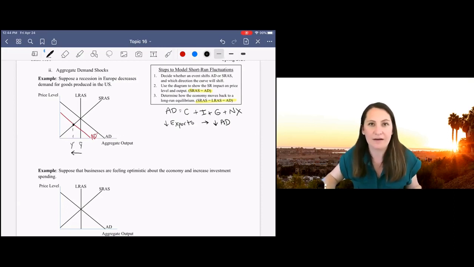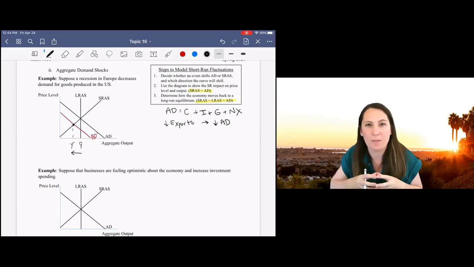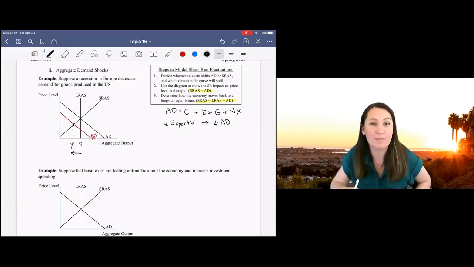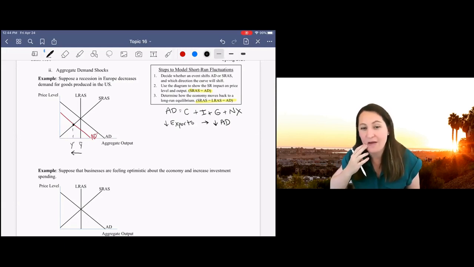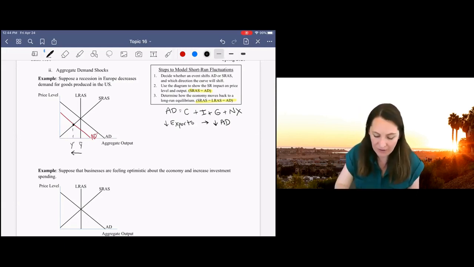What's happening here? The US still has the same productive capacity. We have the same number of workers, the same natural resources, the same capital, the same technology. We can produce just as much as we could before. However, because of this inward shift in aggregate demand, we have a decrease in the overall price level.